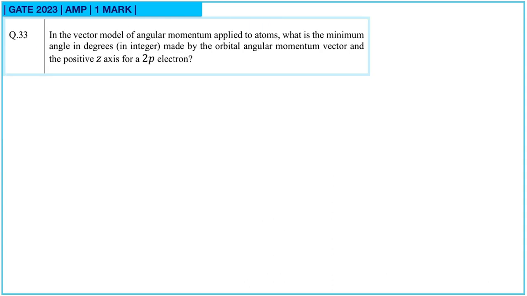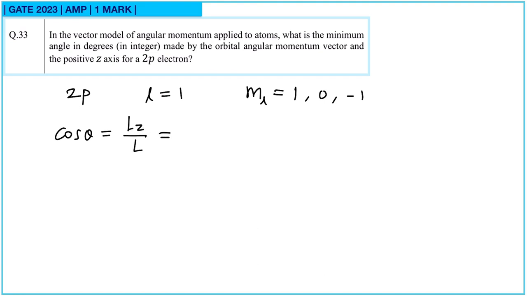Next question. In a vector model of angular momentum applied to atoms, what is the minimum angle in degrees made by the orbital angular momentum vector and the positive z-axis for a 2p electron? Now it is a 2p electron, that means L is equal to 1 and ml will be 1, 0, minus 1. These are the possible values of ml. Now cos theta is equal to the angle between these, so Lz by L. So Lz by L, and that will be ml h cut and under root L into L plus 1.